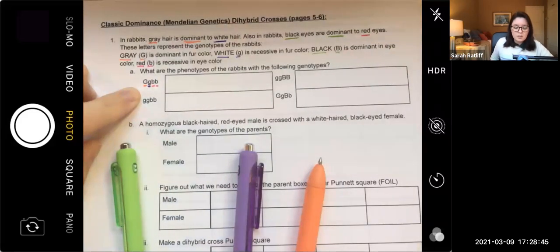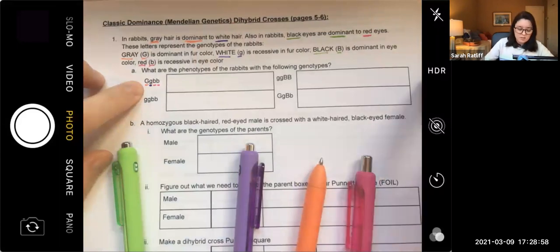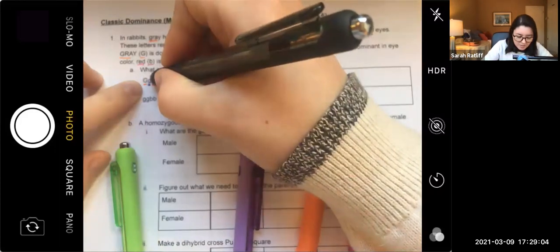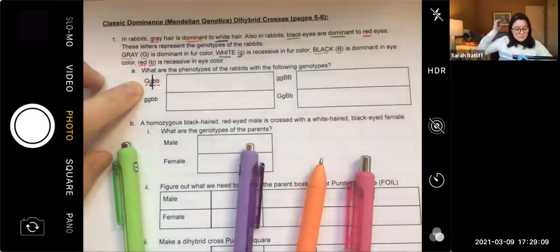All right. Well, knowing what we know about dominance and recessiveness, if there is a capital letter or a dominant gene for that specific trait that we're looking at, in this case, the color of the hair, that will be dominant. So let's separate these for a minute. Hair color versus eye color. All right.